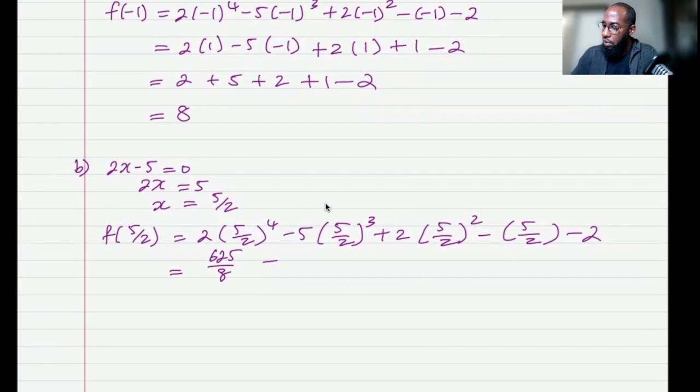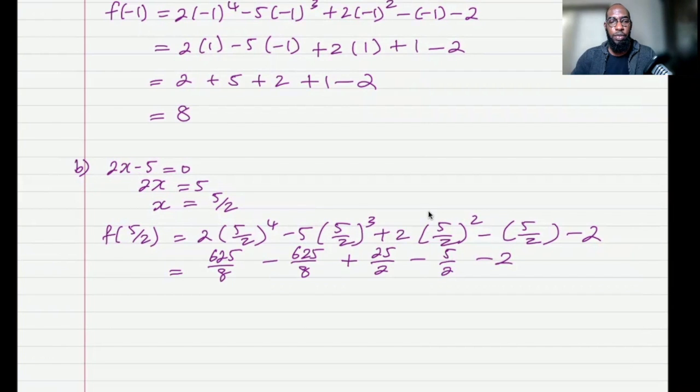All right, and I get 625 over 8 as well. Put in a plus. I'm going to deal with this term here. 2 open bracket 5 over 2 close bracket squared. I'll get 25 over 2 minus 5 over 2 minus 2.